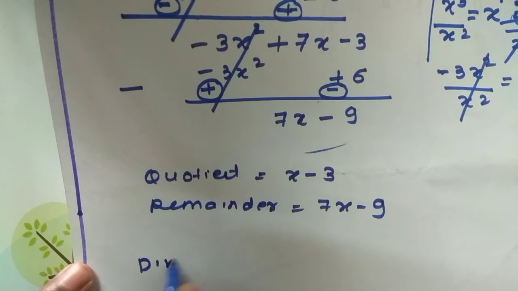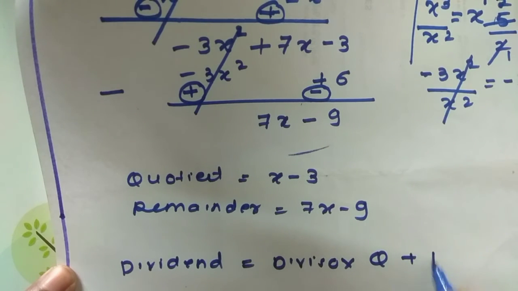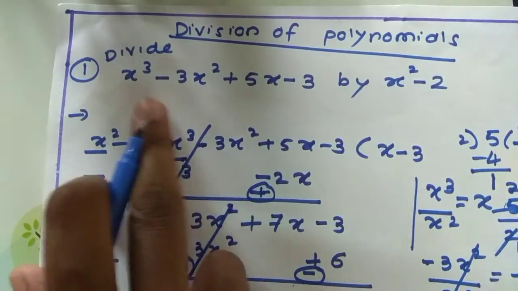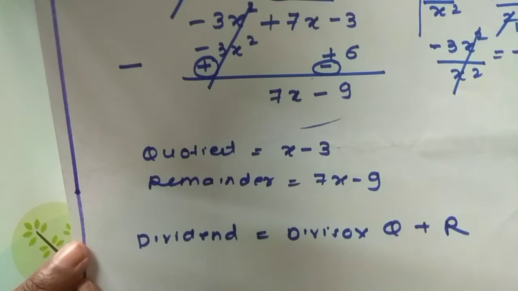Now you can verify this answer using the division algorithm. As we know, the dividend is always equal to divisor into quotient plus remainder. The dividend is x cube minus 3x square plus 5x minus 3.